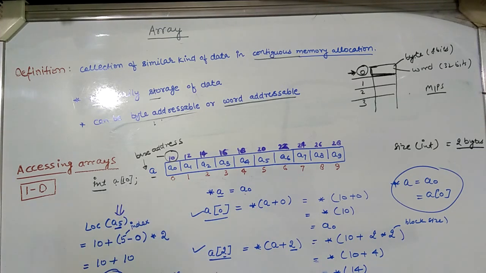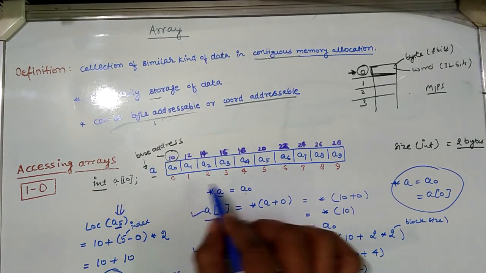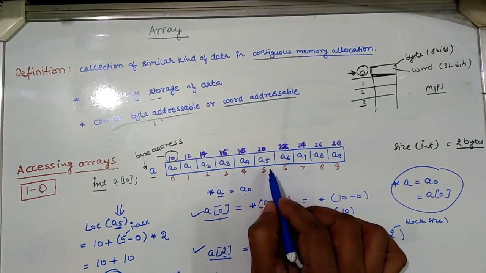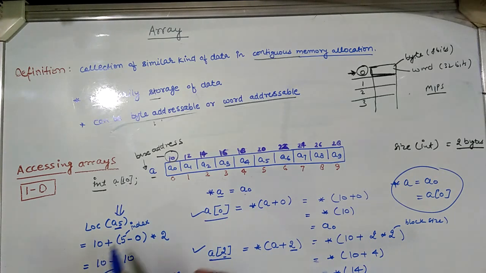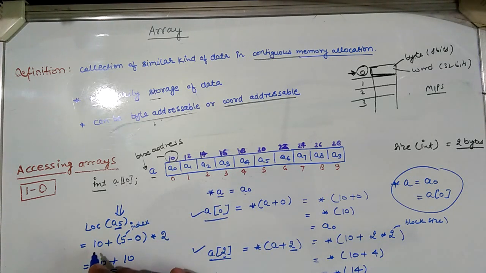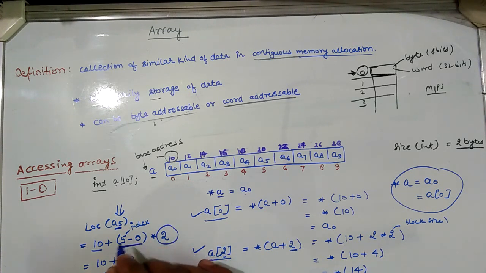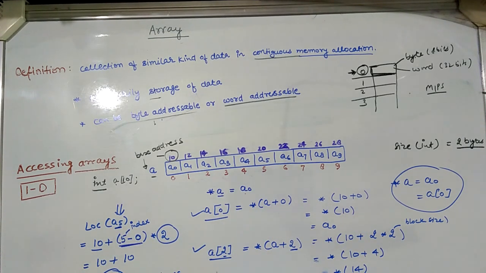We can easily access the index values, but we cannot figure out the address values. So to figure out the address value of a particular element of an array, we need to add the base address and multiply the block size by the number of elements before the current element.